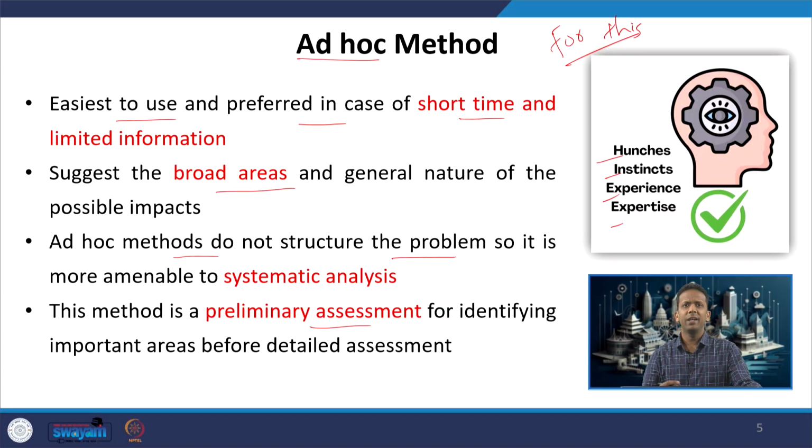Ad hoc methods are most commonly used for what type of EIA? The rapid EIA. If you remember, we had seen there are 2 types of EIA, rapid and comprehensive, depending on how much time and how much information we have. Rapid one is typically for a very short term, so ad hoc methods fit well into the rapid EIA category.